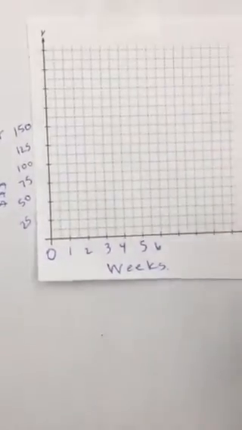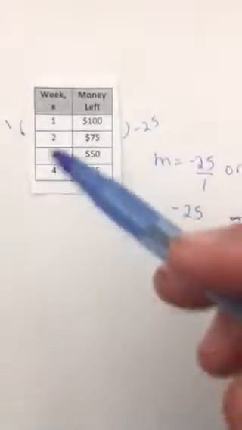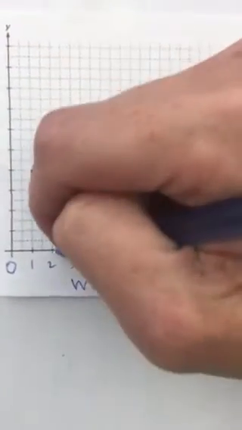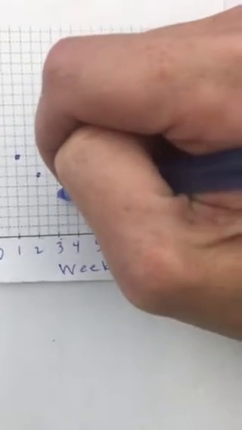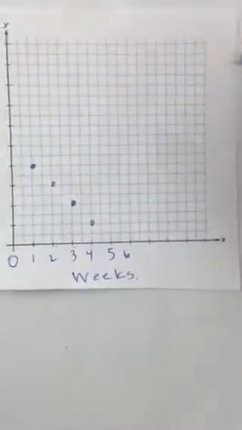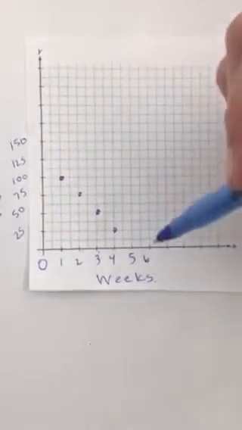I arbitrarily picked some numbers, making sure I can include the values on my table. So at 1, I'm at 100. At 2, I'm at 75. At 3, I'm at 50. At 4, I'm at 25. So I can make some inferences based on my graph.